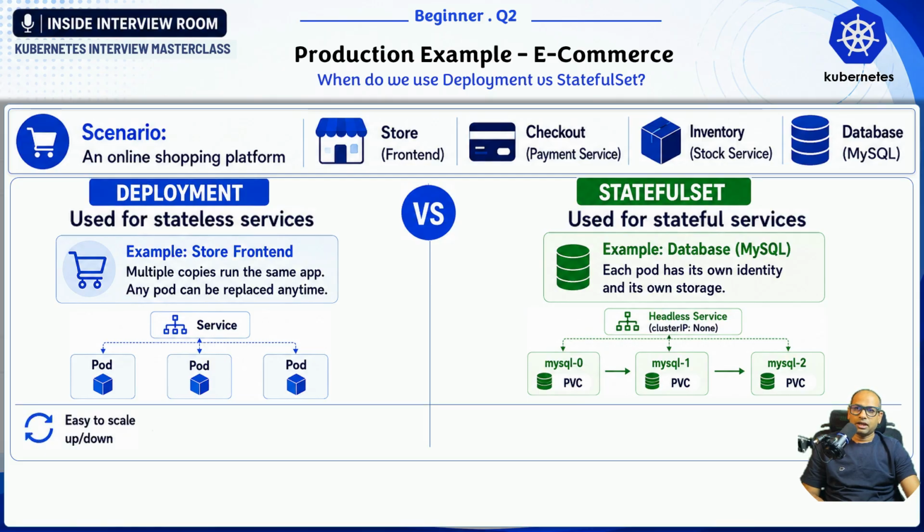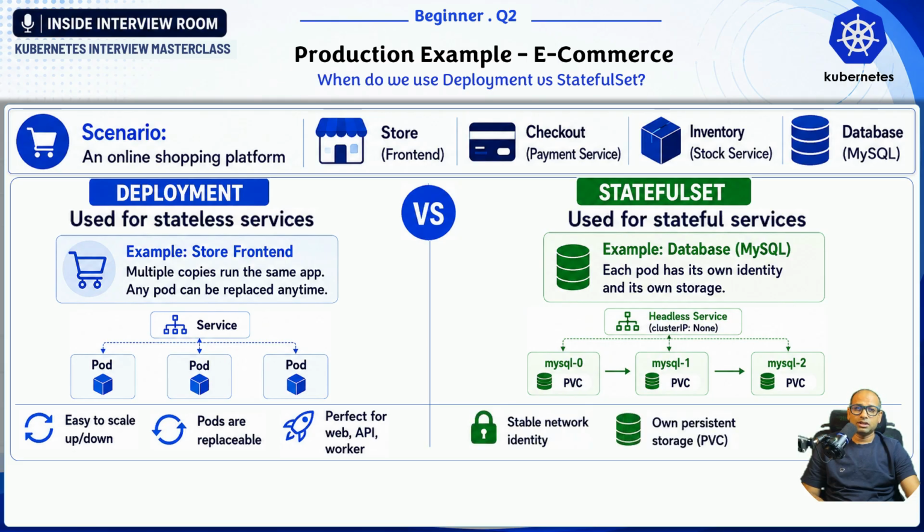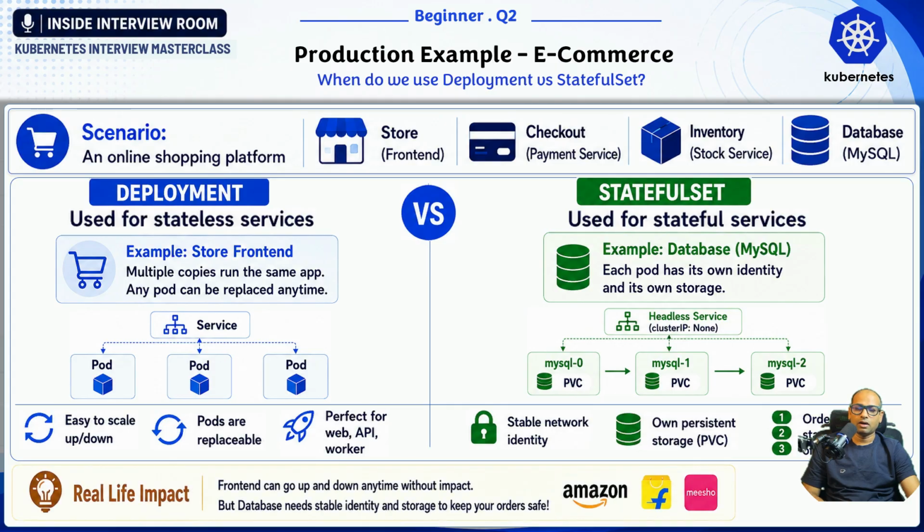Deployments are easy to scale up, scale down. Pods are replaceable, perfect for web servers, APIs, or workers. Whereas StatefulSet provides stable network identity, own persistent storage, and ordered start and stop of pods.